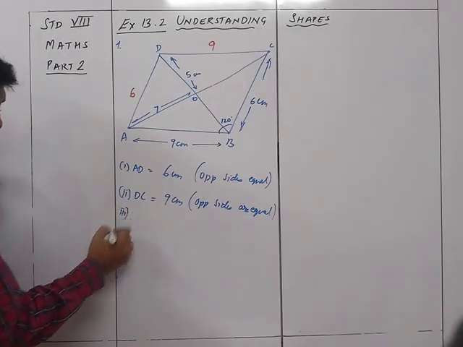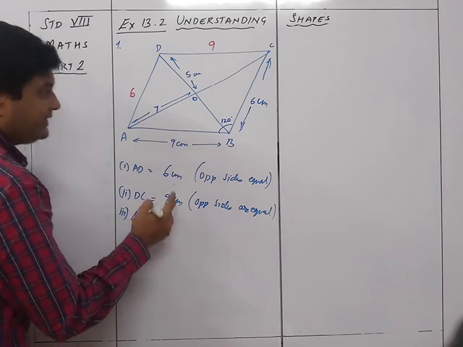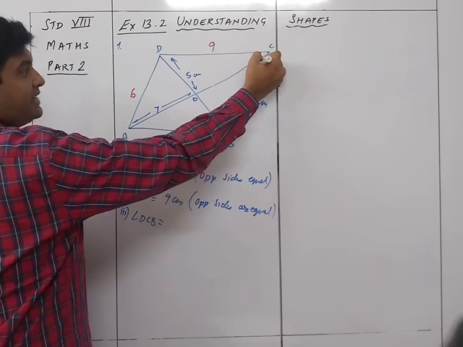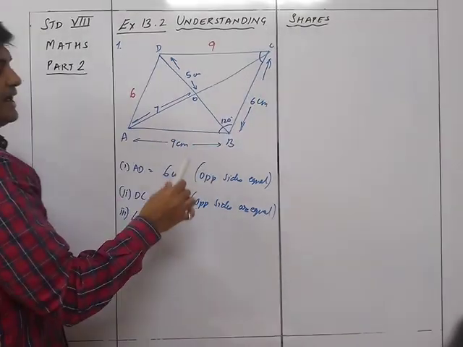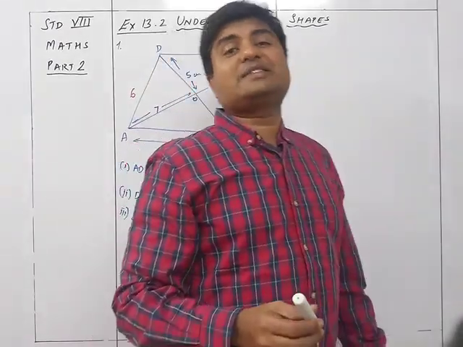The third one, angle DCB. Now angle DCB is over here, so we are talking about this angle. Now we know that the adjacent angles of a parallelogram are supplementary.